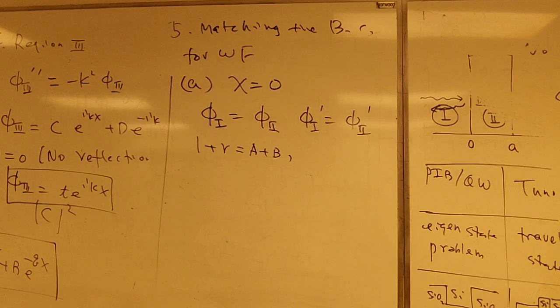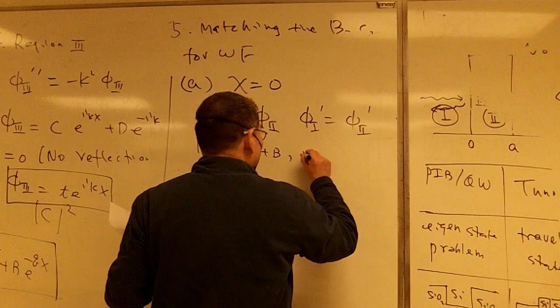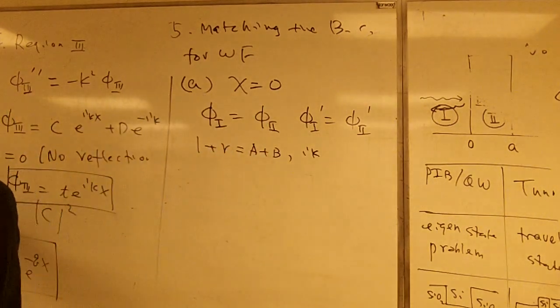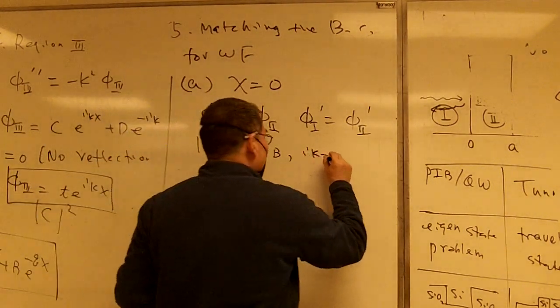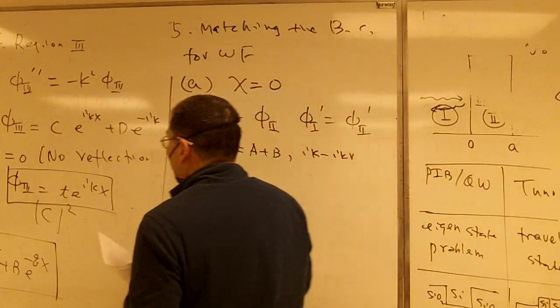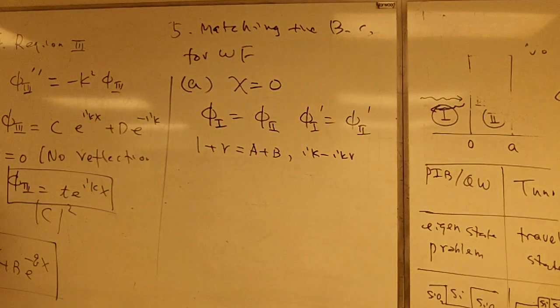Now we plug x equals 0 in here, and you're going to see another equation, which is ik times 1 minus r. So that's what I have, and this is for phi 1 prime.